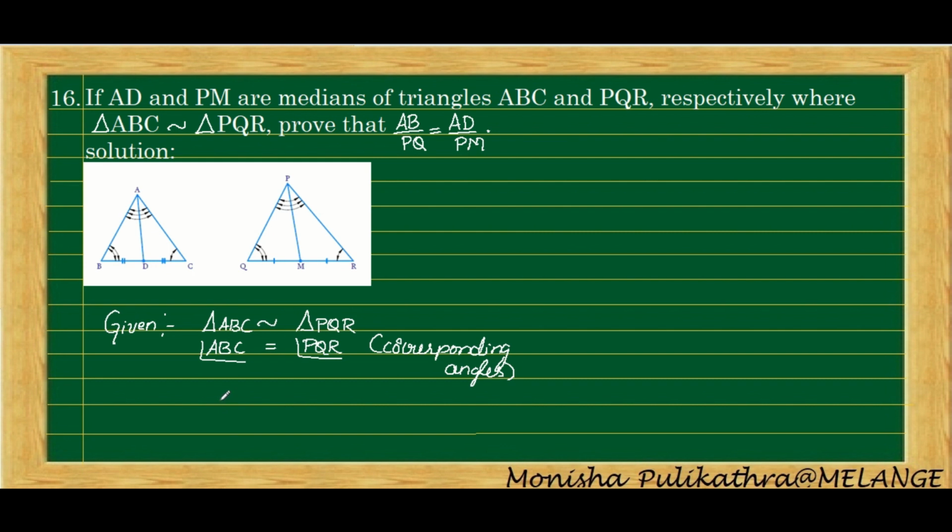So the ratio will also be equal. That is, AB by PQ is equal to BC by QR, because of corresponding sides.